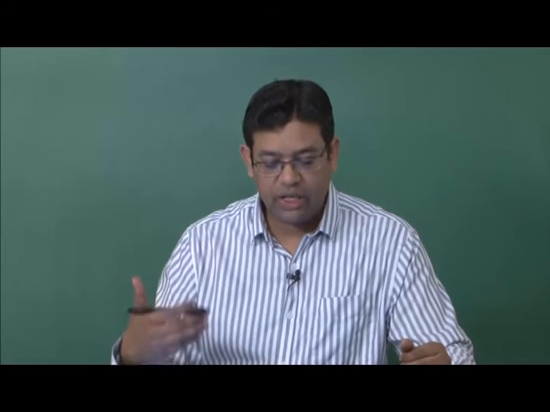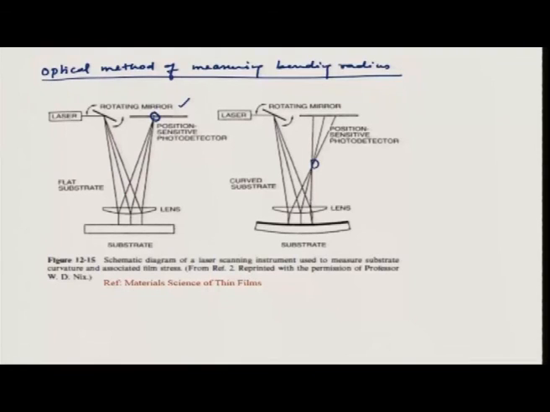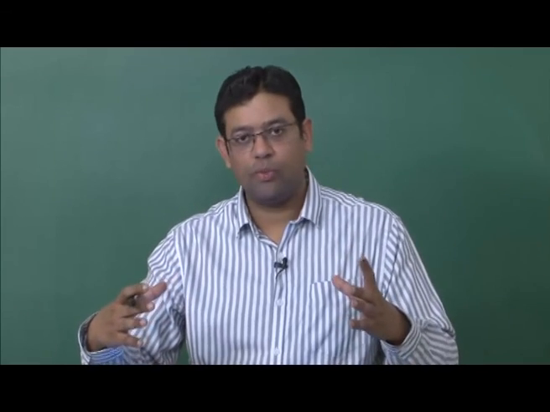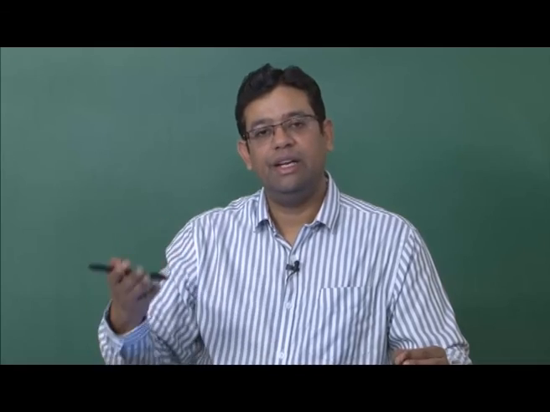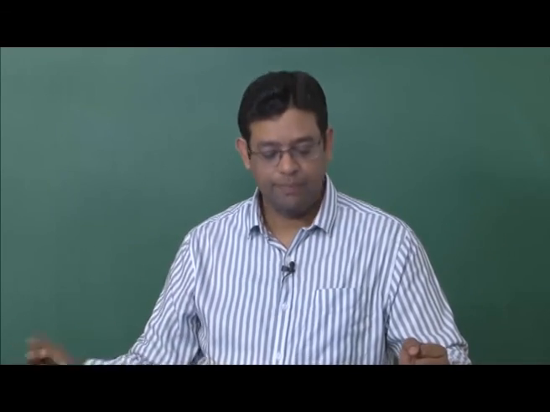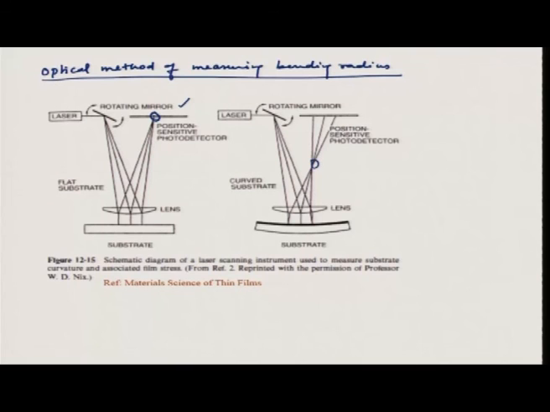Usually you would record this position of the laser at 2 or 3 points or maybe 4 points at the edges of your substrate. If these positions change with the deflection in the rotating mirror, that would be the indication of any bending in the surface. If the substrate is perfectly flat, optically flat, then you will not see any change in the position.